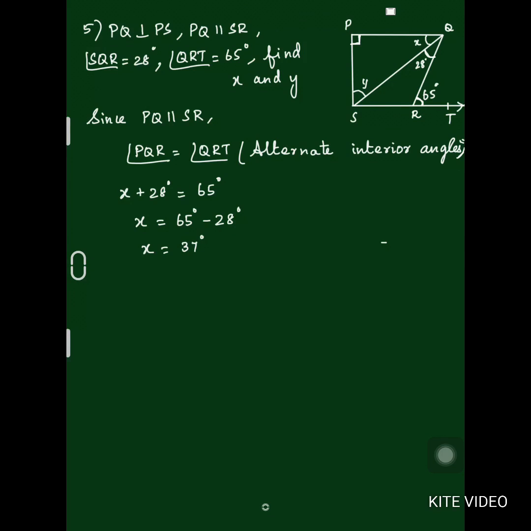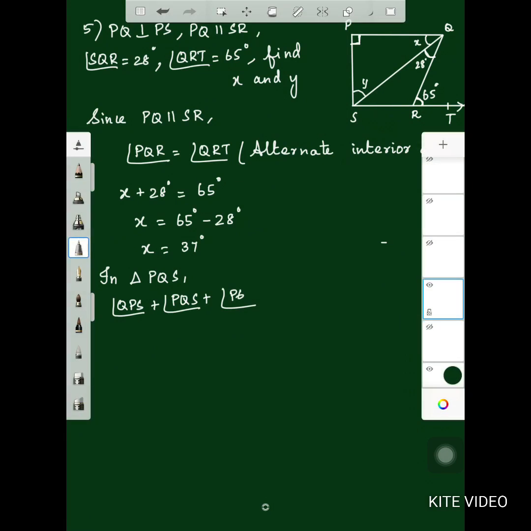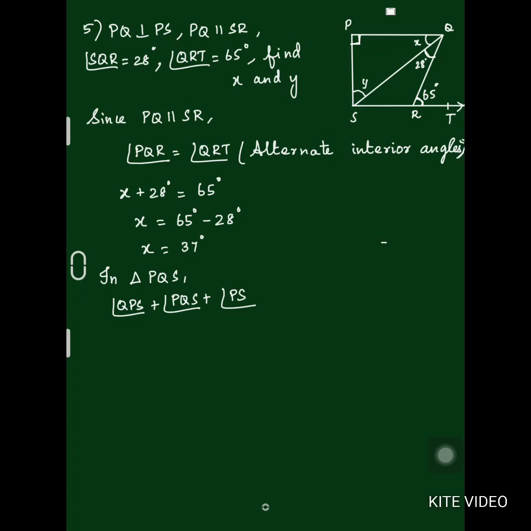Now in triangle PQS, we know one of the angles is 90, another angle we found as 37. We can find Y using angle sum property. In triangle PQS, angle QPS plus angle PQS plus angle PSQ is equal to 180 degrees. What is the reason? Angle sum property.